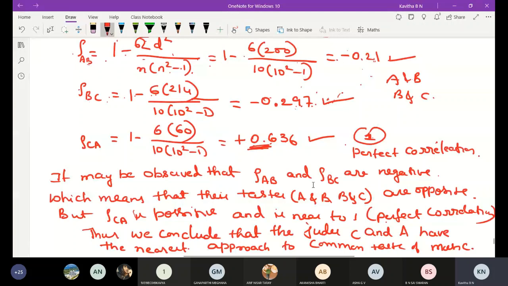Okay, C and A, rank of CA is positive and also is near to 1, means C and A have the nearest approach to common taste of music. Write down.